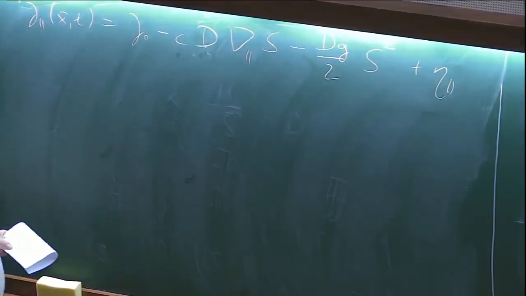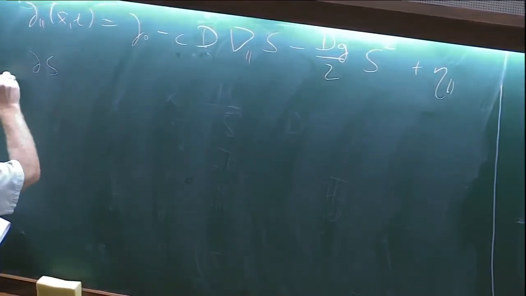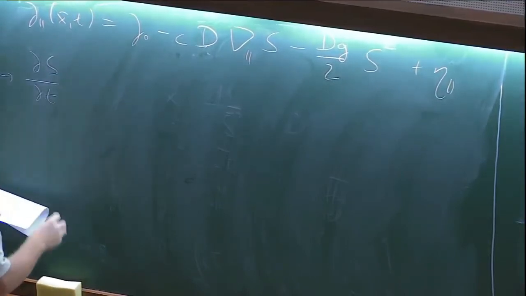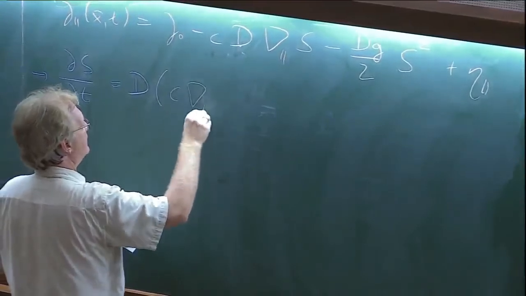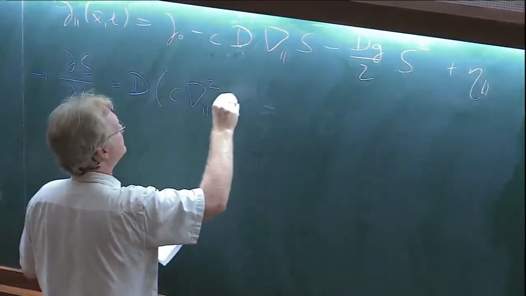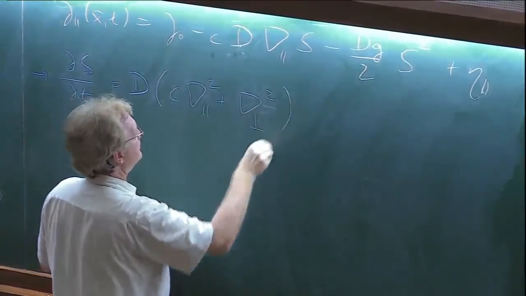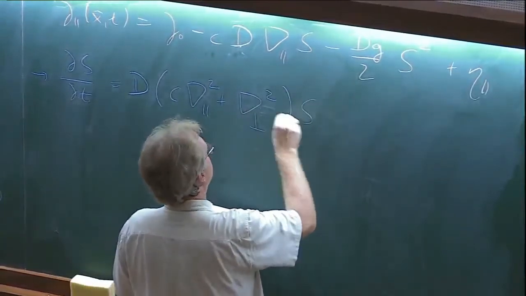So if I collect all this, what I'm getting is this scalar Langevin equation, which has anisotropic diffusive terms. I'm throwing all this on the right-hand side, so I'm picking up a minus sign.